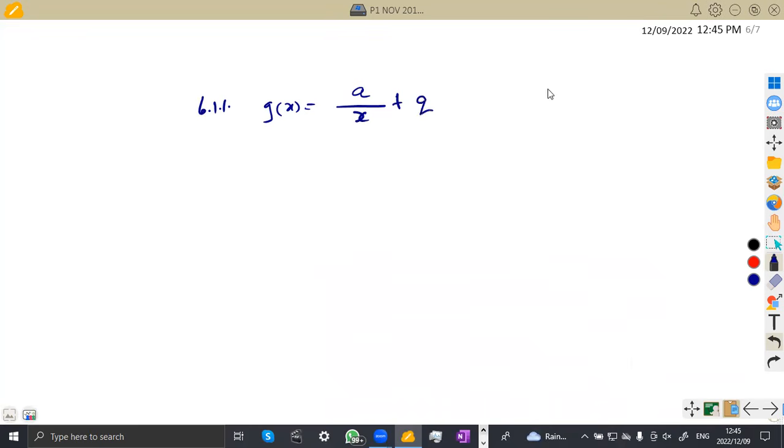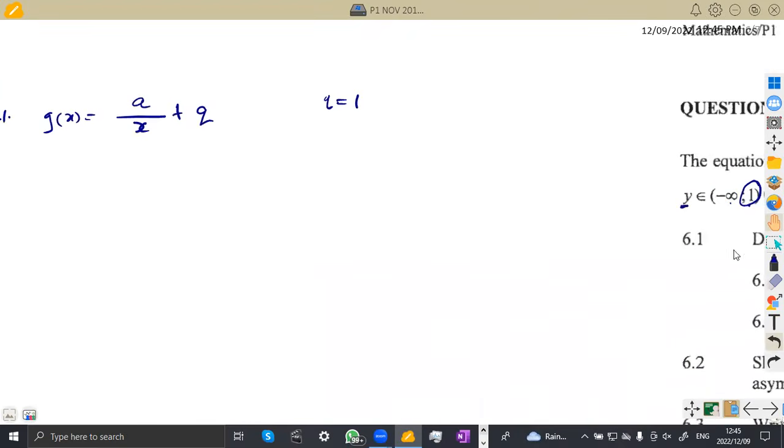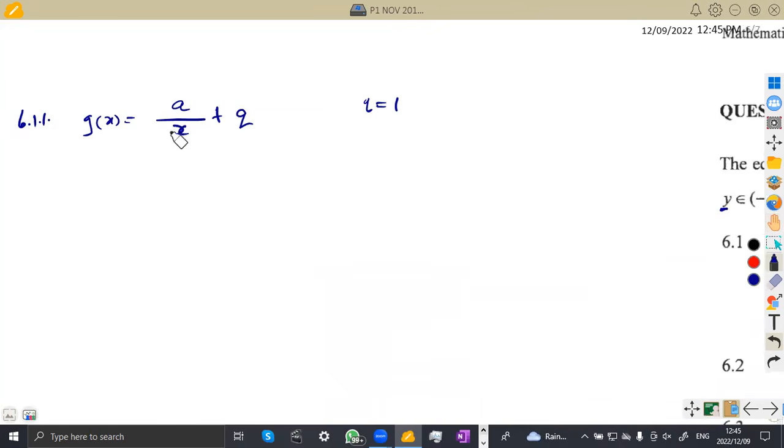So far we said q is equal to 1, from the asymptote, the value of y which is the asymptote. x would be equal to 0 at the asymptote, as you can see we are just having x here. So x is directly equal to 0. Okay, this one is not going to help us for the meantime. I'm just referring, maybe we might use this later on.